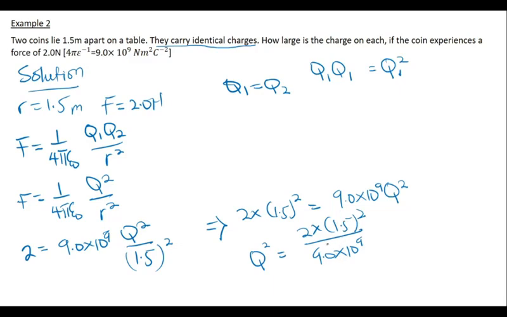So if we punch this into the calculator, we are going to get q squared is equal to 5.0 times 10 raised to the power minus 10.